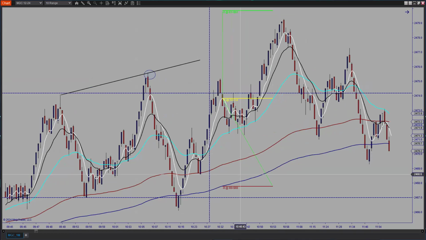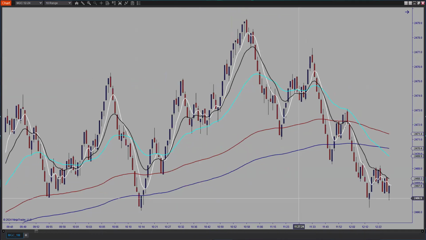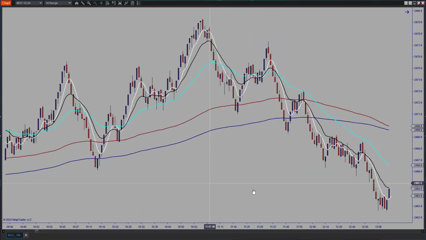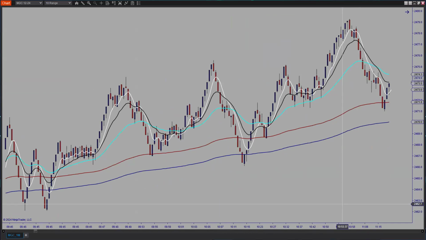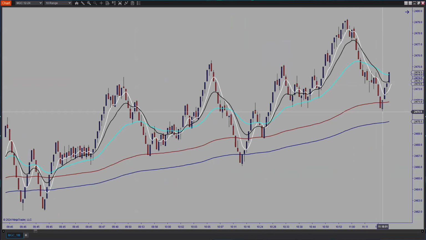Now, I just want clean trades, please. All right. So now we came back in. Let's go over here. We came back in, clear retest of the 144, 233. Okay. Did we make a new high? Yes or no? Yep, sure did.